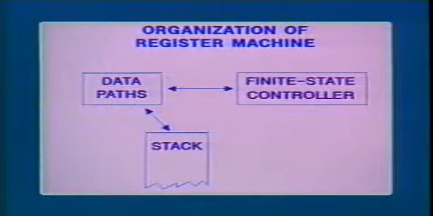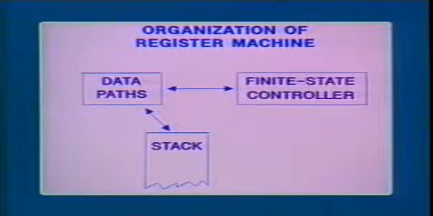And remember, the idea of the register machine is that there's a fixed and finite part of the machine. There's a finite state controller, which does some particular thing with a particular amount of hardware. There are particular data paths, the operations the machine does. And then in order to implement recursion and sustain the illusion of infinity, there's some large amount of memory, which is the stack.